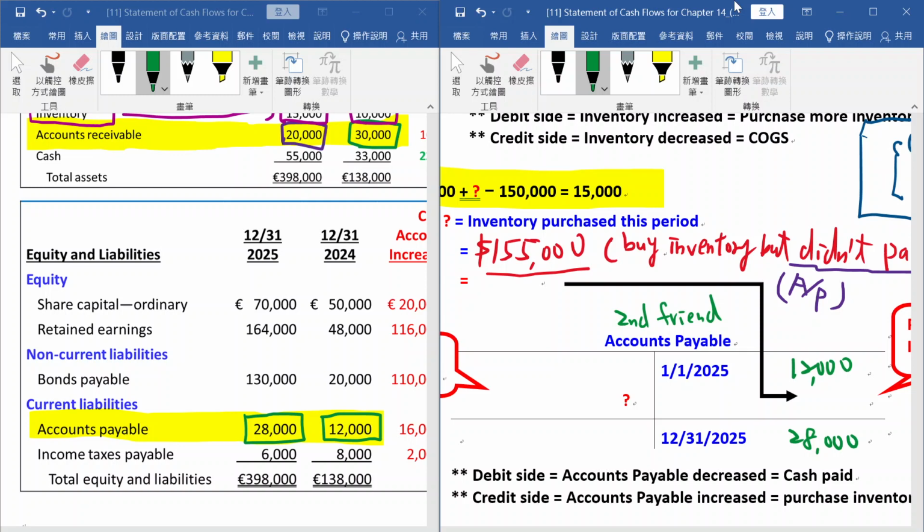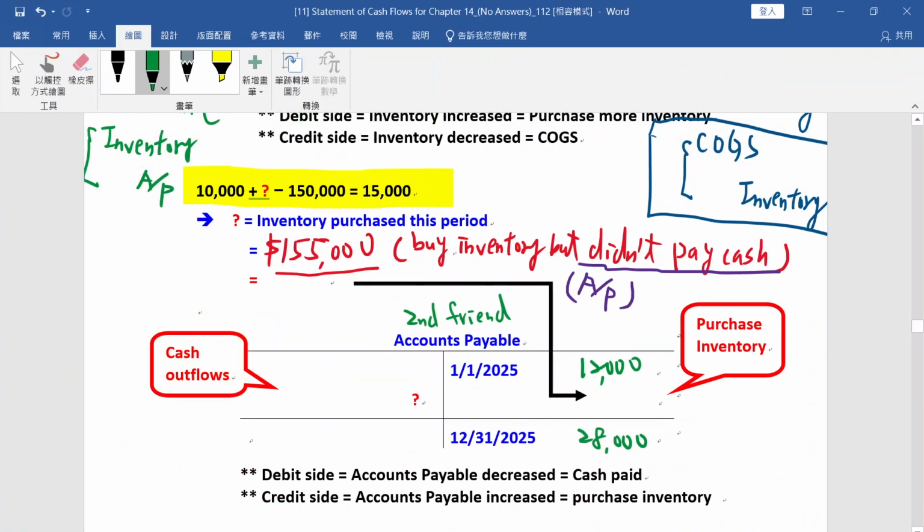So since you find out your second friend's help, okay, then we can get our cash flows. So how to get our cash flows? Remember, from your best friend, first friend told you, accounts payable increase. Okay, so what's the reason made your accounts payable increase?